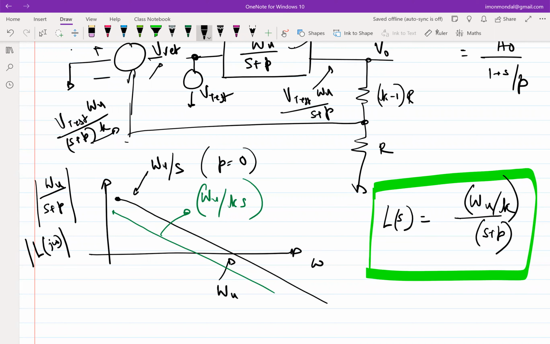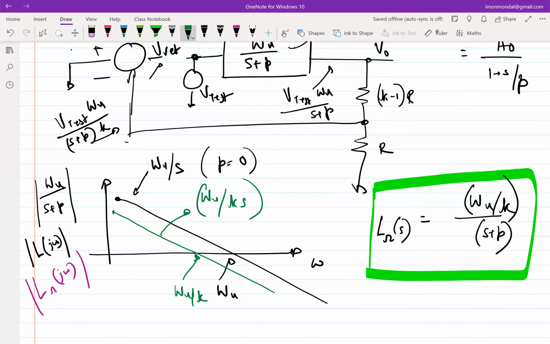Let me call it L non-ideal or L real. Okay. So if I plot this L real of s or j omega, comment on how this will look. The other thing that I forgot to mark is what will be that 0 dB crossing point in this case: omega u by k.